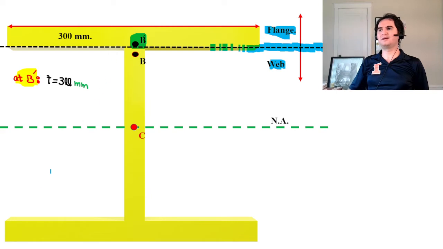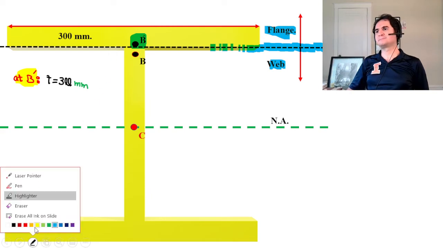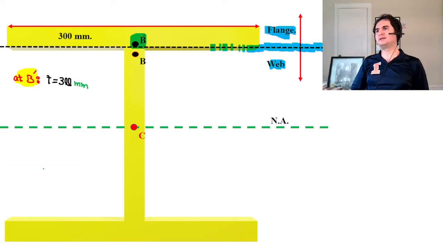If you go a little bit higher than this line, you will be on the flange. And if you go by a small amount of height lower than that line, you go into the web. That's the difference between B and B prime. Let's first go with B prime.